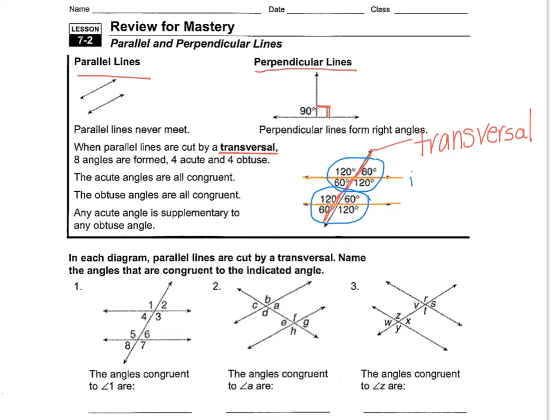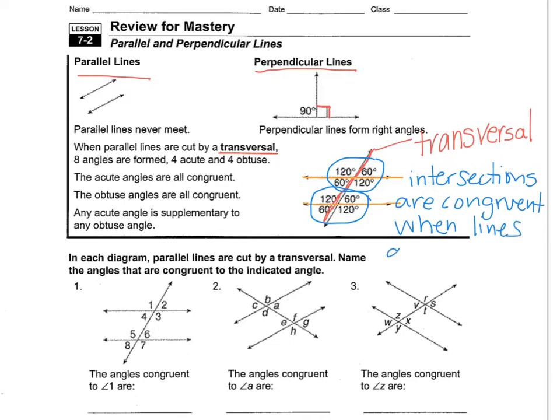So the intersections are congruent when lines are parallel. It only works if those two lines are parallel, okay?